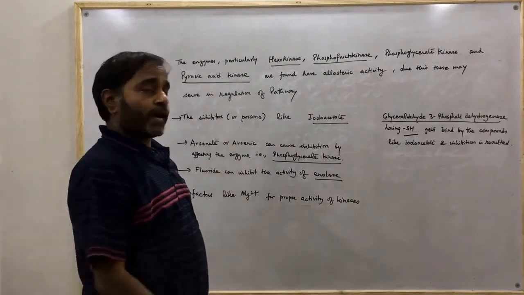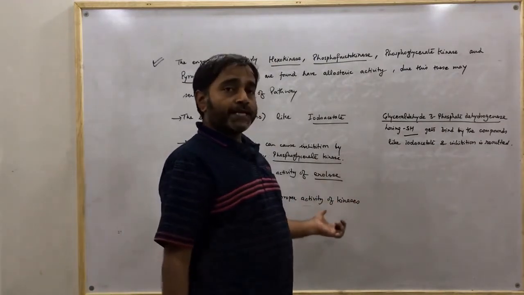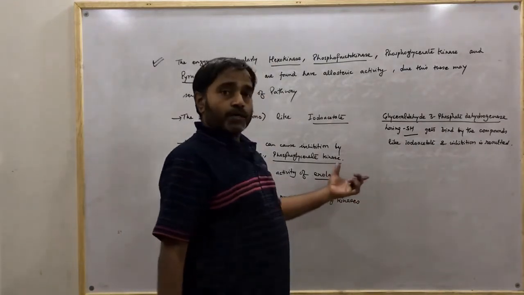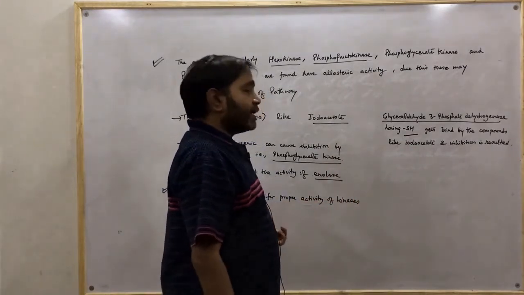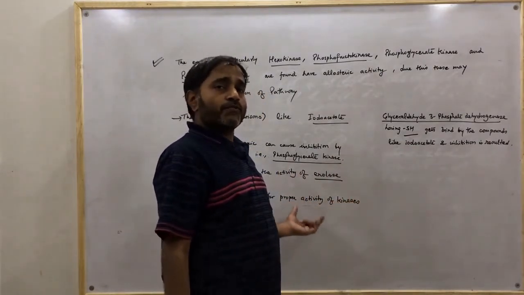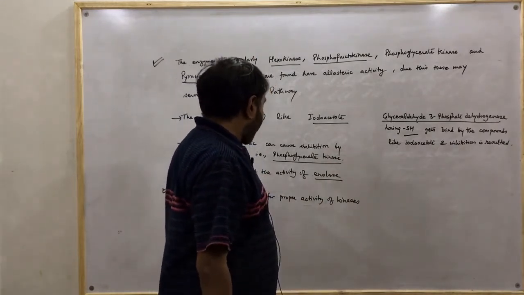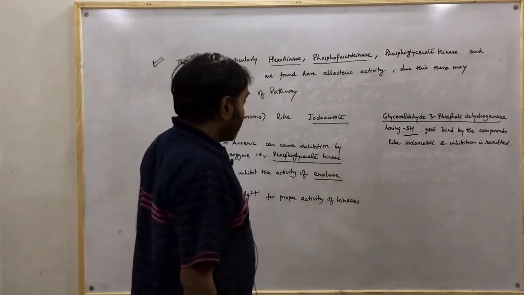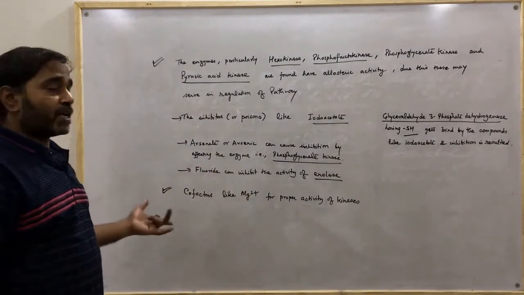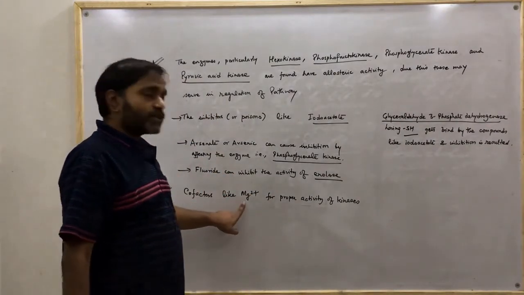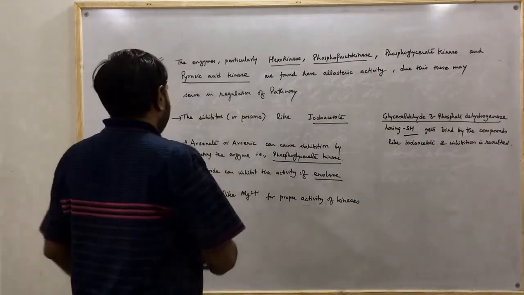As you have seen, hexokinase, phosphofructokinase, phosphoglycerate kinase and pyruvic acid kinase. So different kinases are there in the pathway and their activity requires magnesium. Such enzymes can work efficiently in the presence of this cofactor, magnesium.